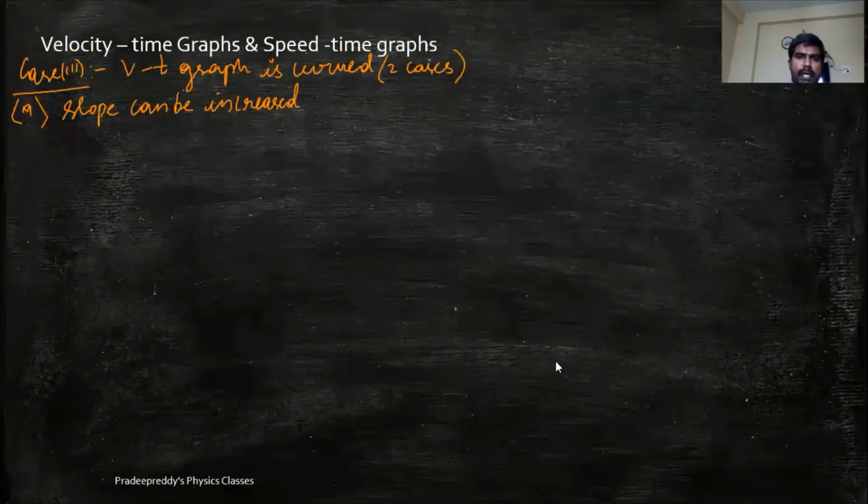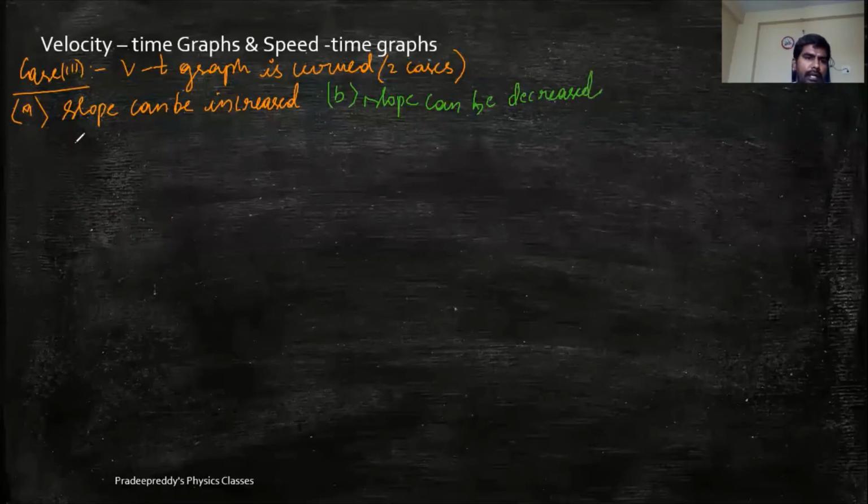And case B is that slope can be decreased. Slope can be either increased or decreased.